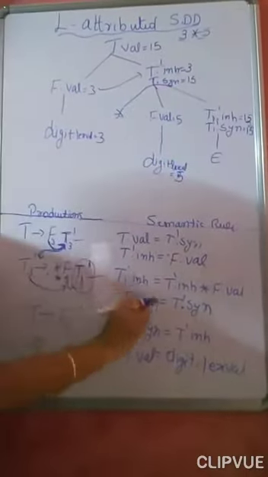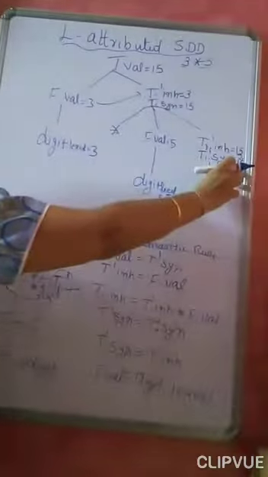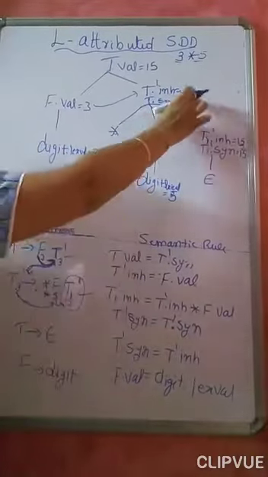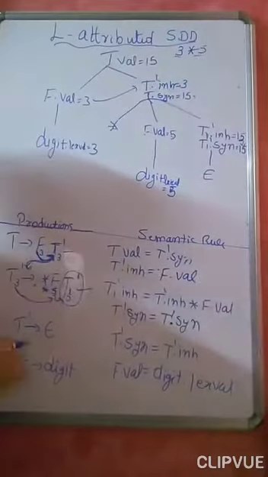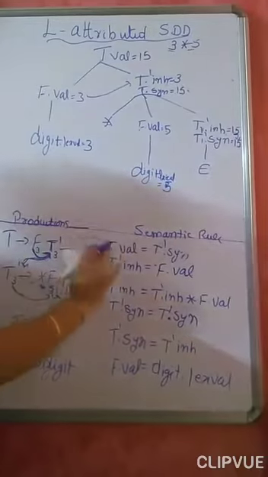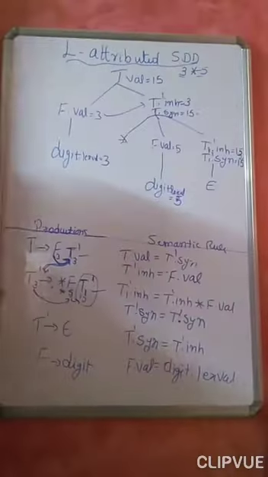Okay, what is T dash synthesized? T dash synthesized is equal to T dash synthesized. What is T dash synthesized? 15. So I am copying that 15 here, and finally I am moving this to the root value. So what is T dot value equal to? T dot value is equal to T dash synthesized.